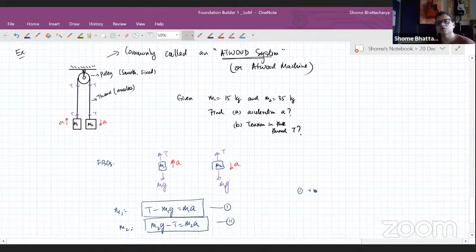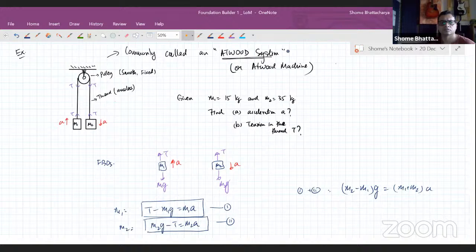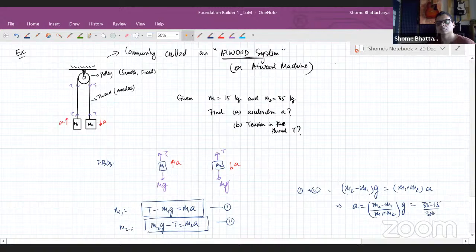Now just add equation 1 plus 2 and we get this, which in this case works out to be this much.